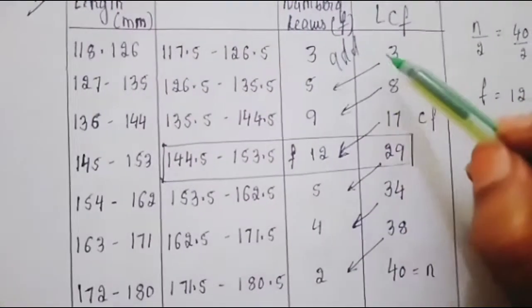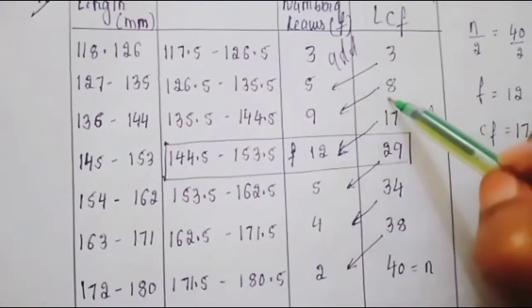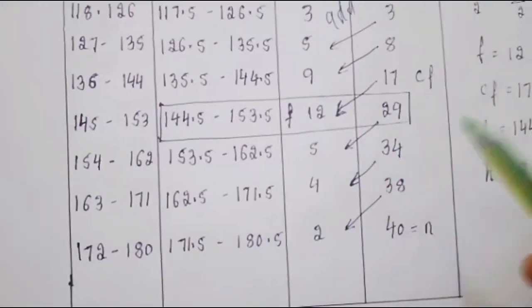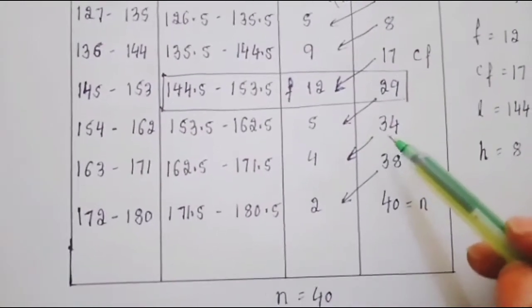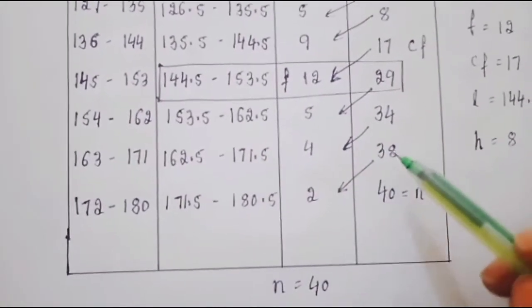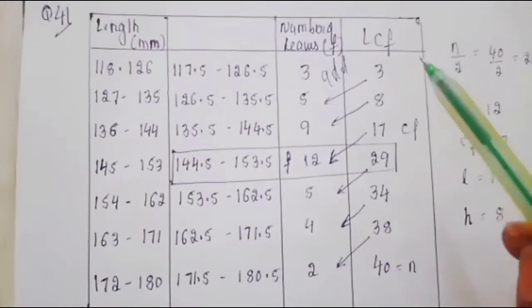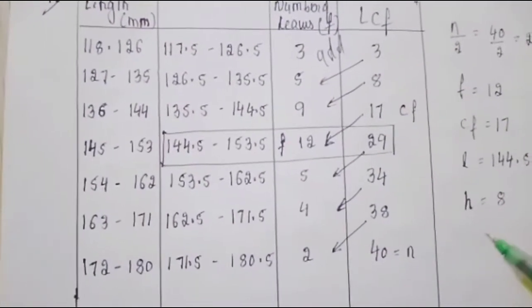First number as it is, 3. 3 plus 5, 8. 8 plus 9, 17. 17 plus 12, 29. 29 plus 5, 34. 34 plus 4, 38. 38 plus 2, 40. So this is the column. Now we got the less than cumulative frequency.